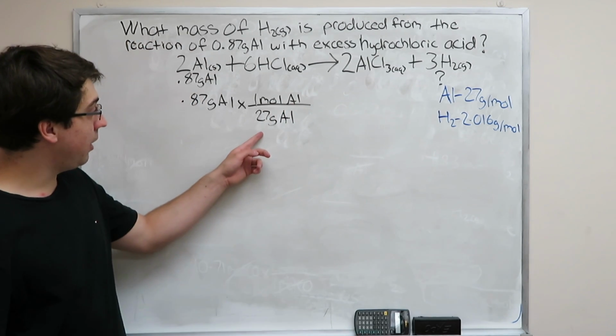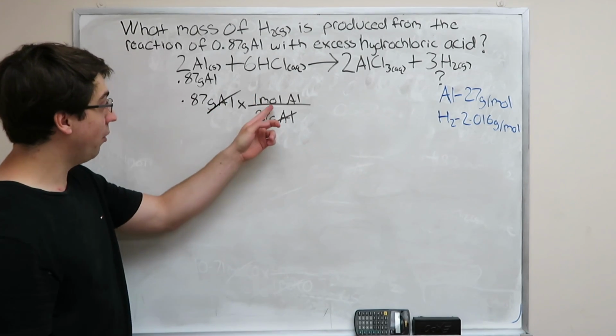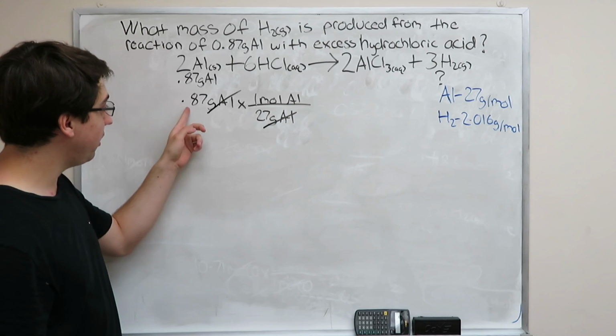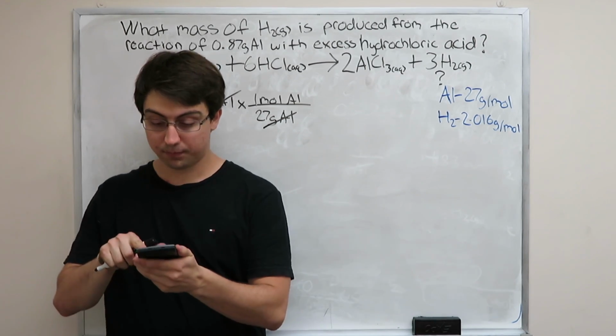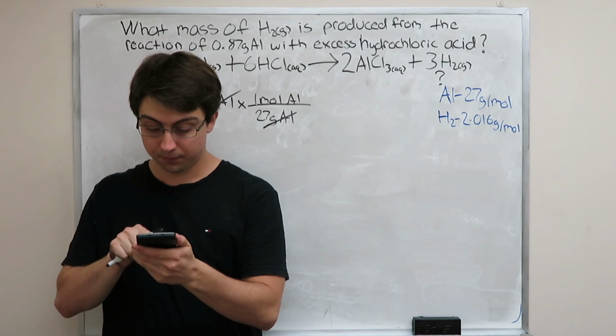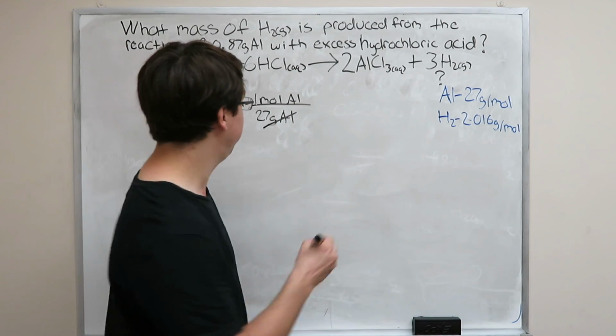There is 27 grams in 1 mole of aluminum. The grams of aluminum will cancel out, leaving you with moles of aluminum, and you just need to take the 0.87 and divide it by 27. I got 0.0322.